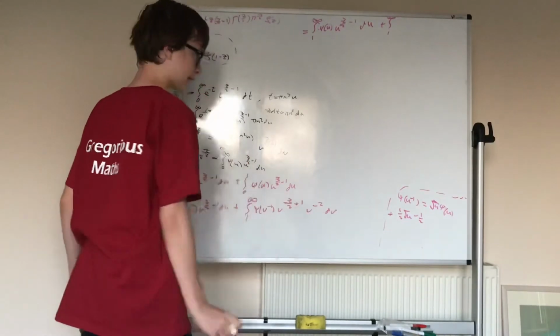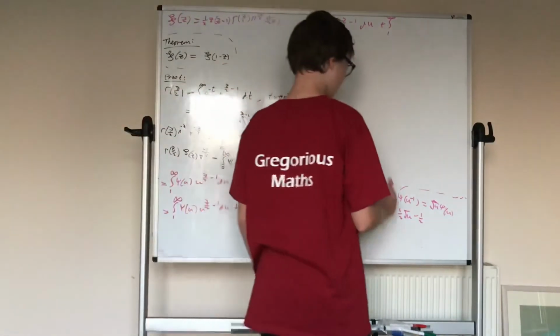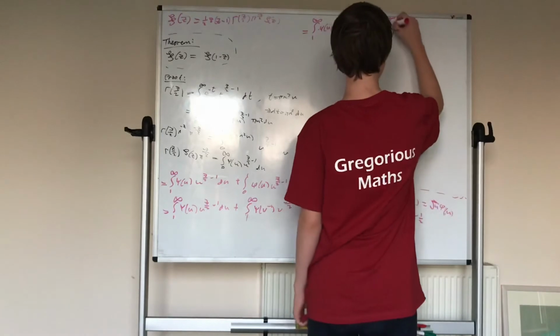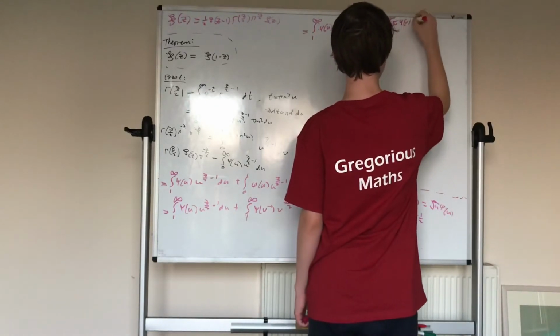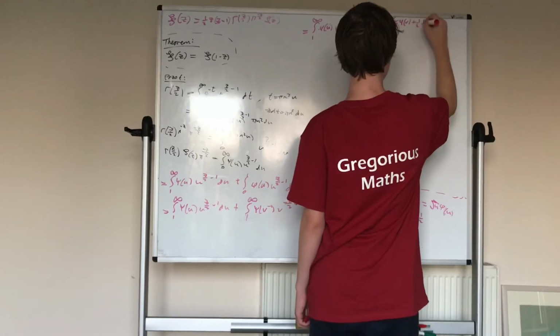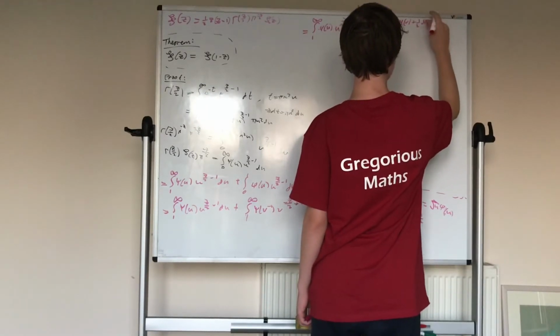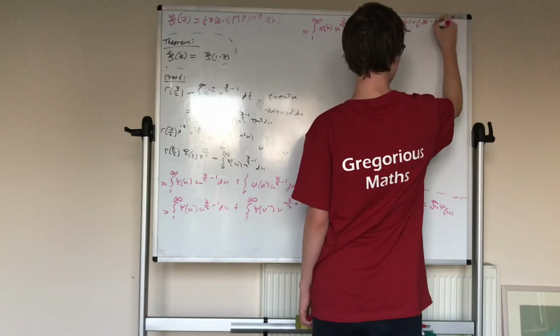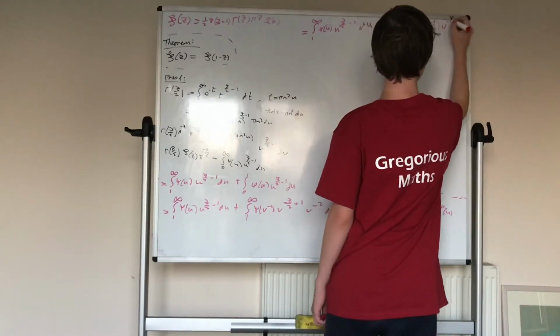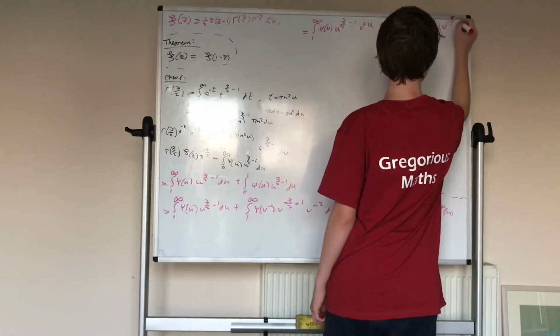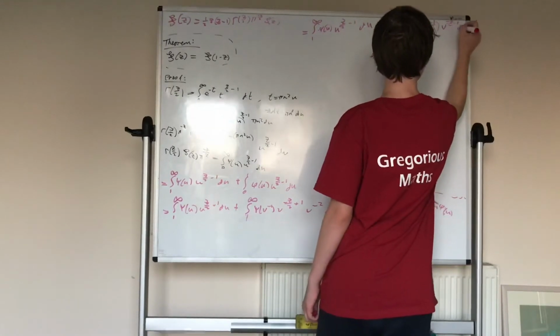Minus 2 plus 1 is minus 1, so we're going to get square root of v, c of v, plus 1/2 square root of v minus 1/2. Okay, and then this times v to the negative z over 2 minus 1 dv.